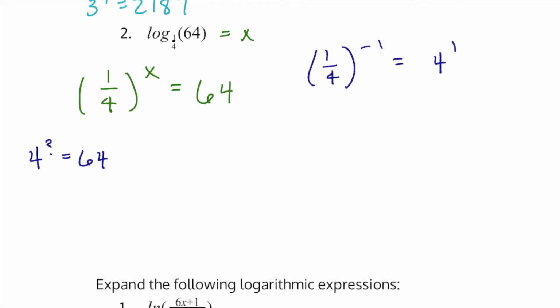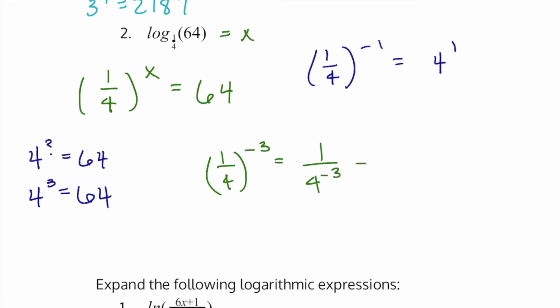So I'll start with 4 squared, that's 16, 4 cubed, bam, that's 64. So because I know that 4 cubed is 64, that means I know that 1/4 to the -3 is the same as 4 cubed, which is 64. So my answer to this problem is -3.